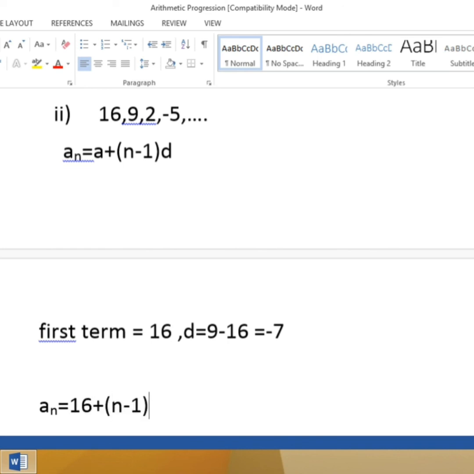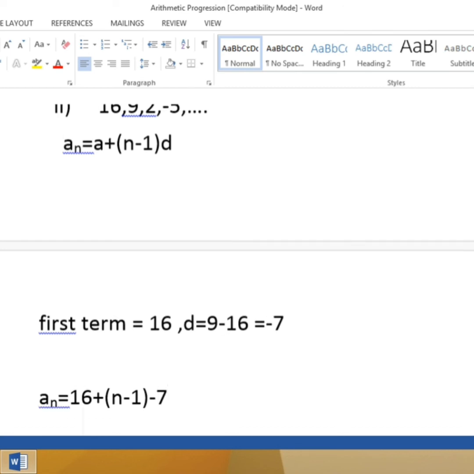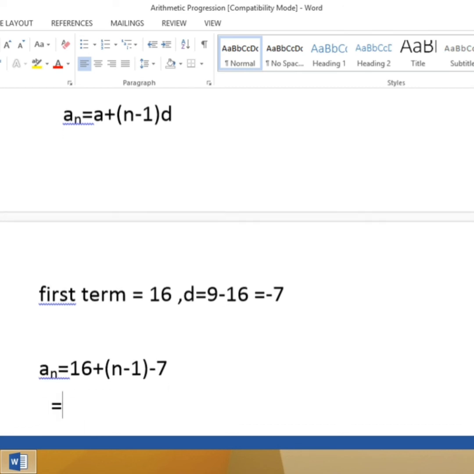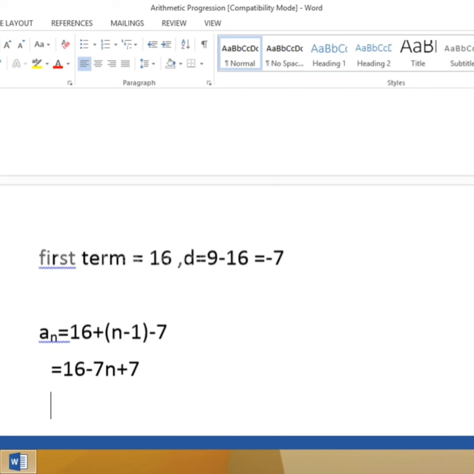So 16 plus n minus 1 into minus 7. That becomes 16 minus 7n plus 7. So 16 plus 7, that's going to be 23. So 23 minus 7n.